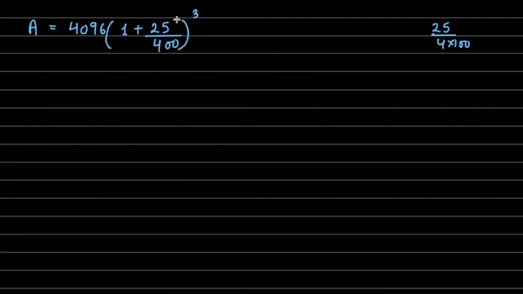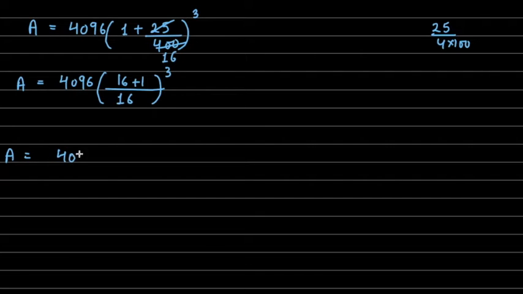Now, let's solve it. 25 ones are 25, and 25 16s are 400. So amount will be 4096. Let's take the LCM here. 16 as LCM, then 16 plus 1, whole cube, correct? So amount is 4096 into 17 upon 16. How many times? Power is 3. So we'll expand it 3 times: 17 upon 16 and 17 upon 16.